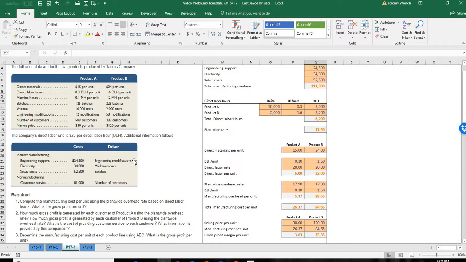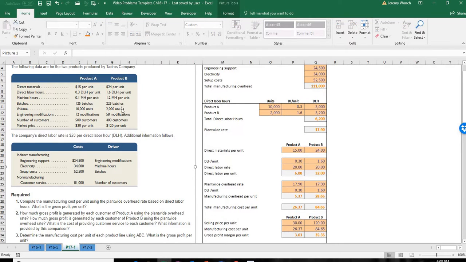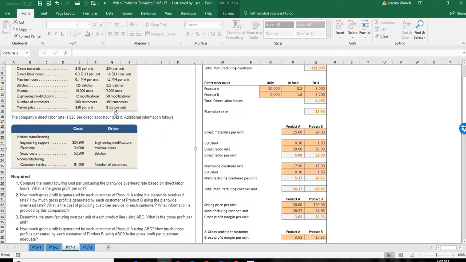Well, it's not direct labor that makes the electricity costs go up. People putting in more hours isn't making your electricity bill higher. What's making your electricity bill go higher is the fact that you're running your machines more, and for more hours. So for our machine hours, product A has 0.1. Is that megawatts? Anyway, 0.1 units, and product B has 1.2 units per.